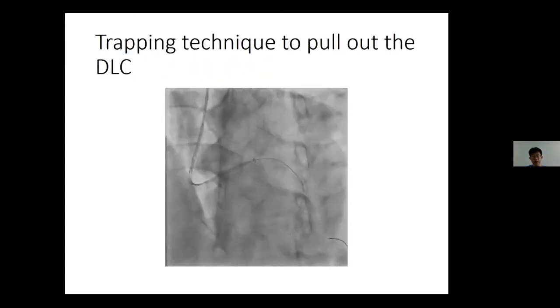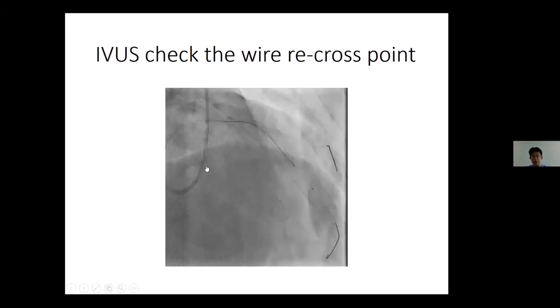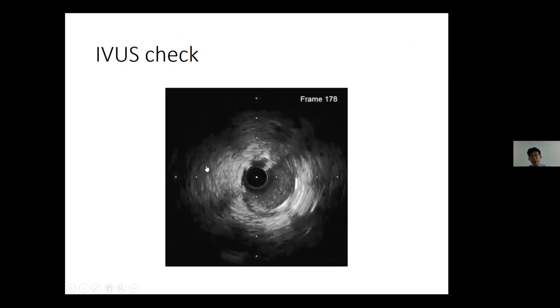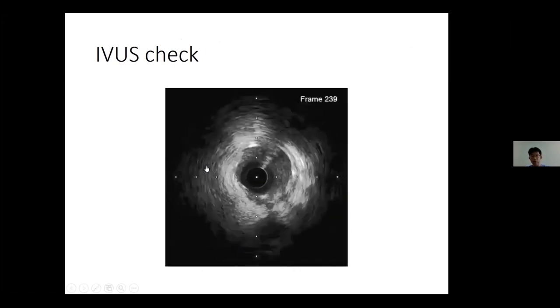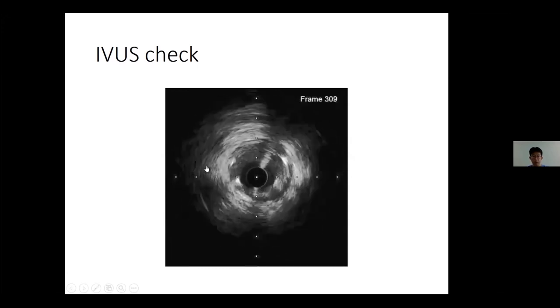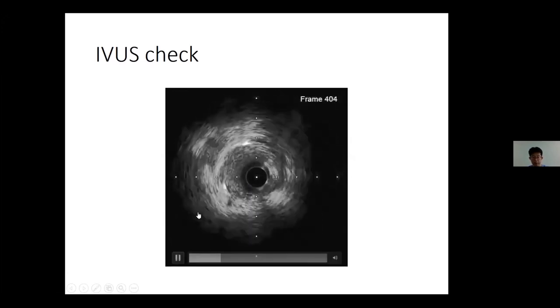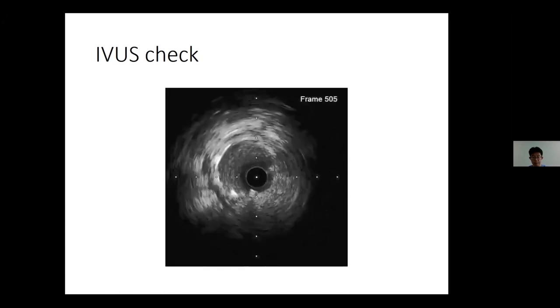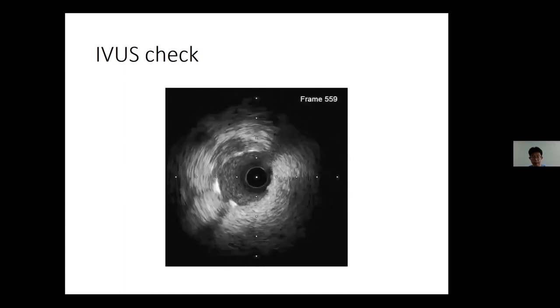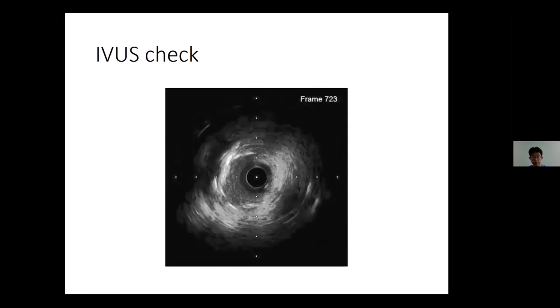So trapping technique to pull out the DLC catheter here. I must check the wire recross point, but this case has no good recross point because of where the wire comes out. This is the LAD and the wire is coming from here.